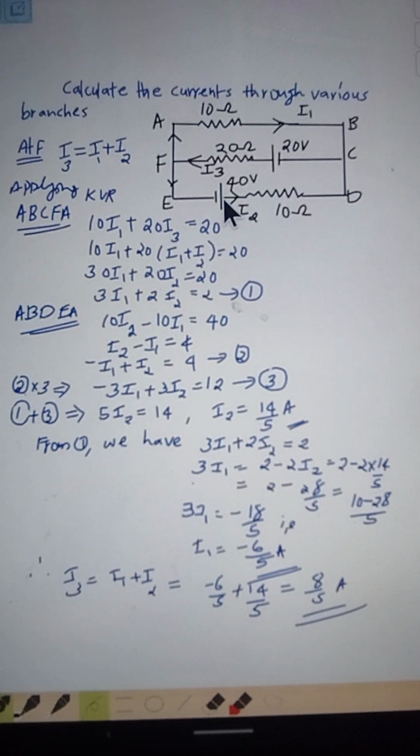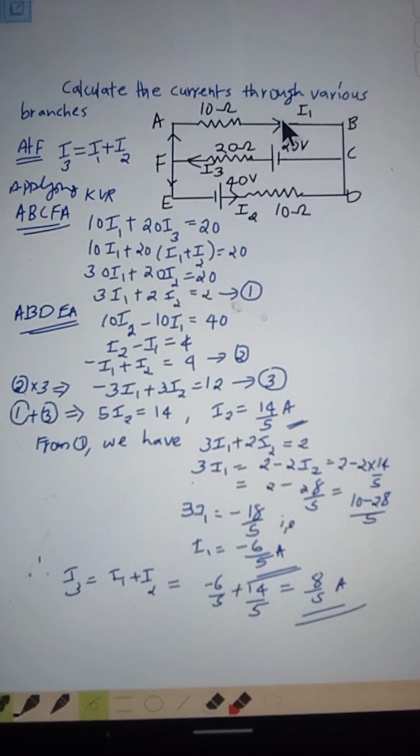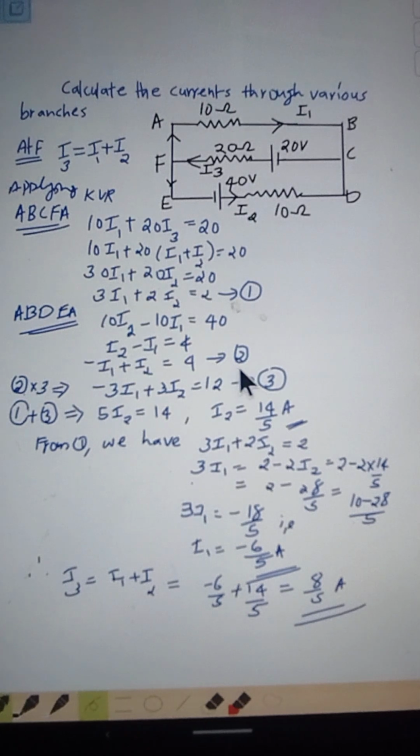So the potential is 10 I2, then minus 10 I1. The minus sign comes because that current is opposite in direction. So minus 10 I1 is equal to 40. Dividing throughout by 10, we get minus I1 plus I2 is equal to 4, equation 2.